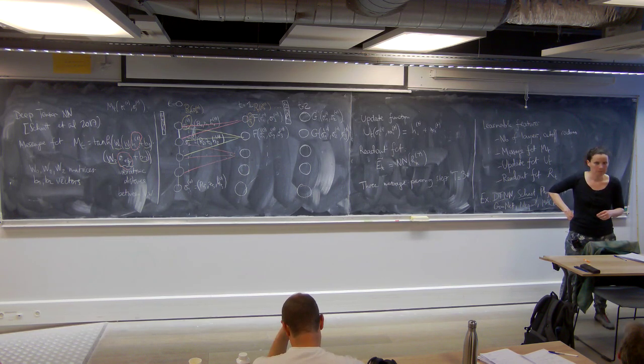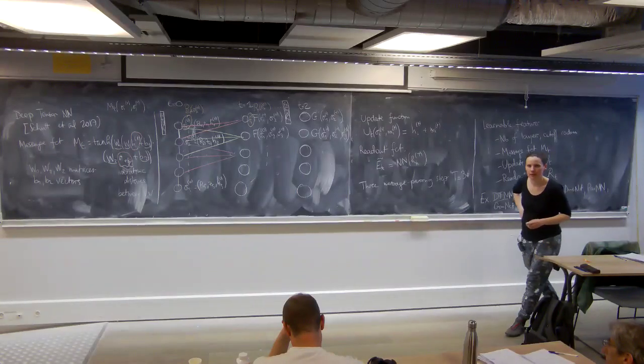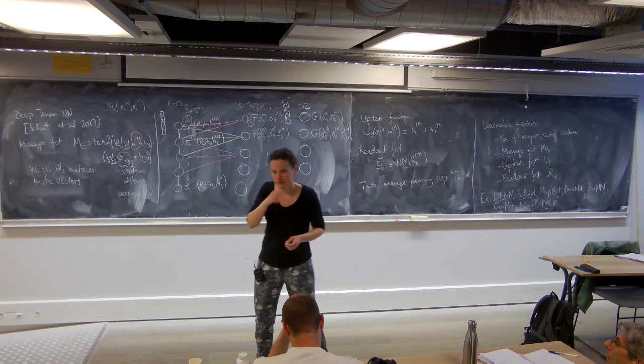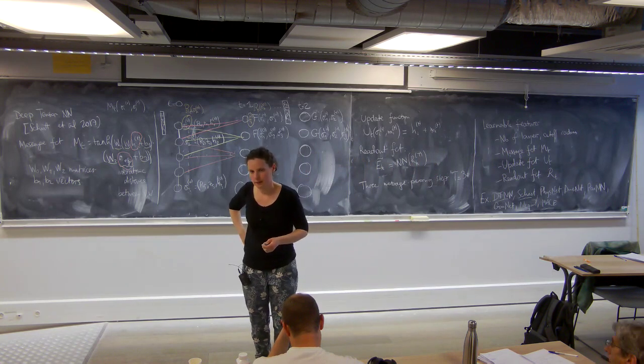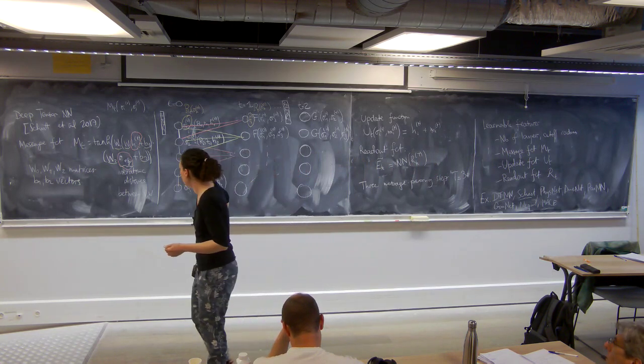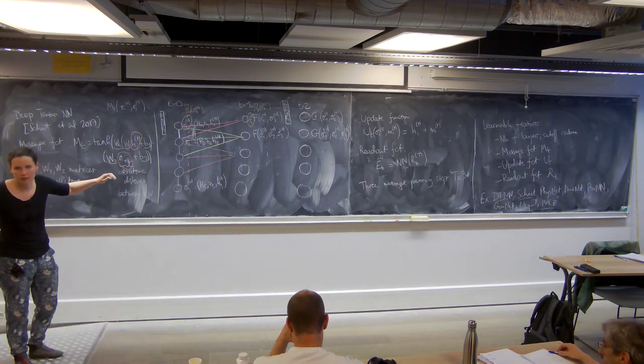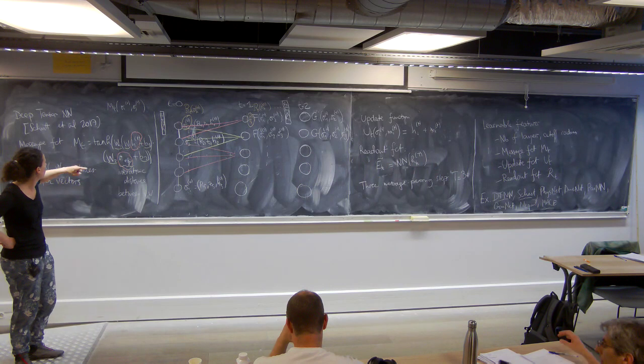Another question: you said that we don't want to have too many layers because the cost grows, but here it seems like it's just linear. It depends on what you put as a message function and the update function.